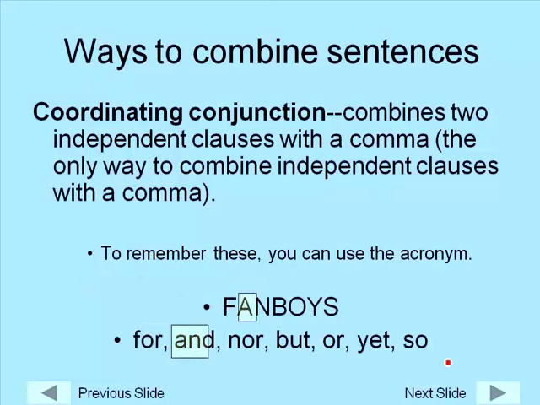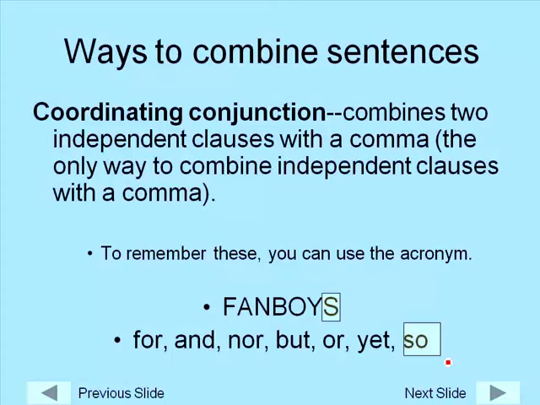So when we talk about compound sentences, we have several ways that we combine independent clauses. The first way is with coordinating conjunctions, and this is the most common way that we combine sentences. The coordinating conjunctions are a small list, and it really does help you to try and memorize these. It's one of the few things that I think is important for you to memorize.